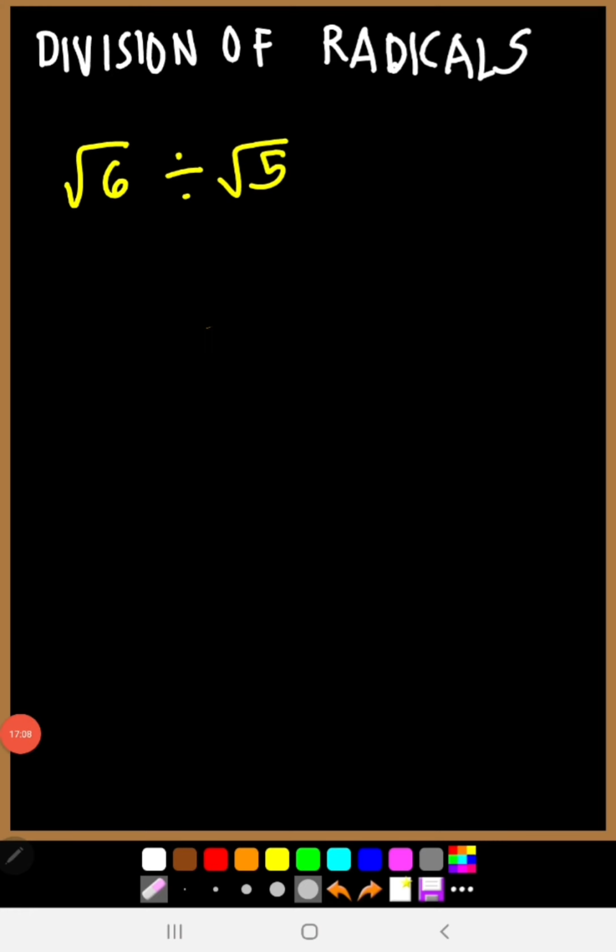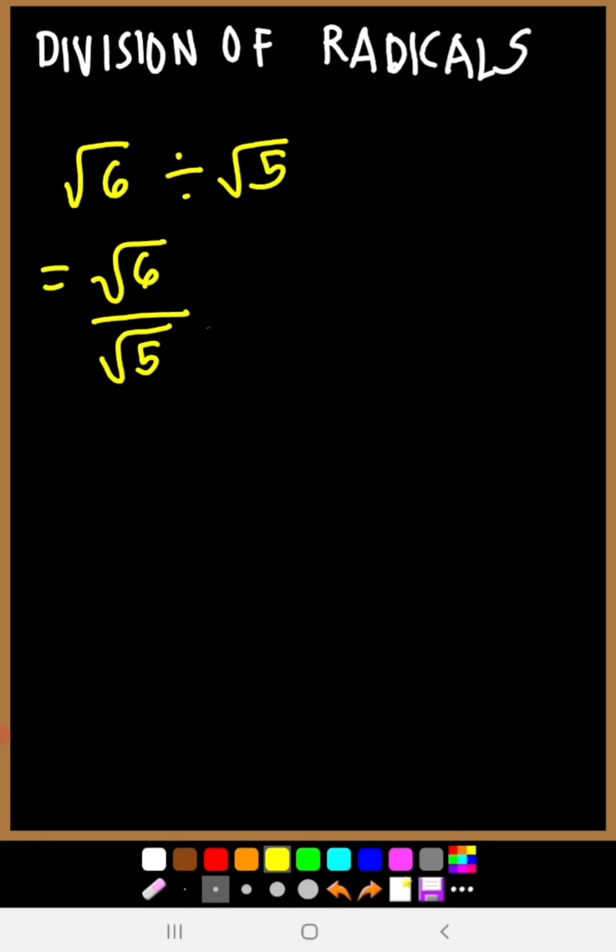Okay, example number 2. We have square root of 6 divided by square root of 5. So, actually, hindi naman natin sila ma-divide, pero kailangan natin silang i-simplify. So, that will become square root of 6 divided by square root of 5. And this is not yet a final answer because we still have to rationalize the denominator. Tandaan, ang final answer natin dapat walang radical form sa denominator.